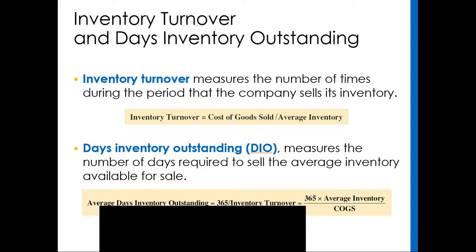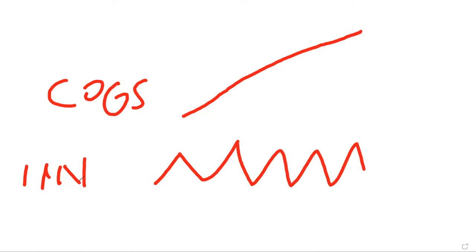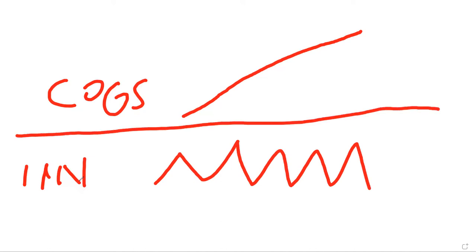Another way to remember that, I'm going to do a quick whiteboard for you, is when you look at the actual cost of goods sold, they tend to go up, up, and up. You look at inventory, it tends to go up, down, up, down, up, down, up, down, up, down. The larger number is going to be in the numerator. Cost of goods sold will be in the numerator, where inventory will be in the denominator.